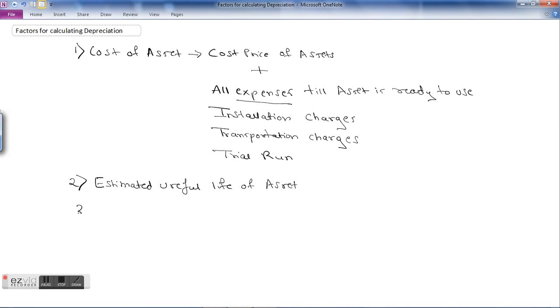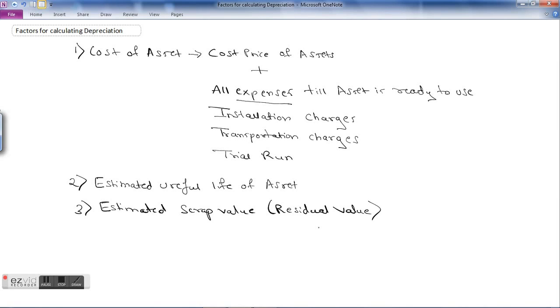The third one is the estimated scrap value, also known as residual value. Now what is a scrap value or residual value?